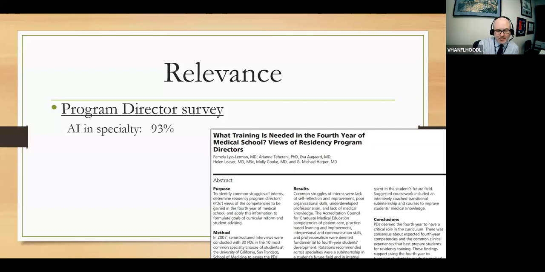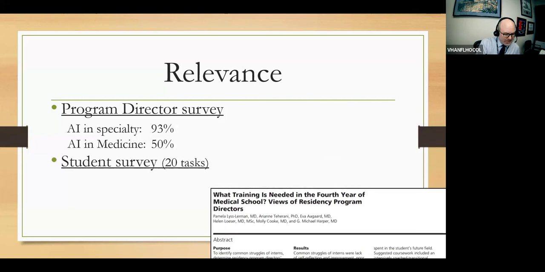And not surprisingly, overwhelmingly, they all said you should at least do an AI in your specialty. And I was kind of surprised that 50% of them said you should do it in medicine. And I don't know if they meant in addition, and that 50% in medicine wasn't just the medicine and the core clerkships. They included a fair number of program directors from procedure-based fields and subspecialty-based fields. And even 50% of those said that you should do an AI in medicine to get some sort of core backbone of skills.